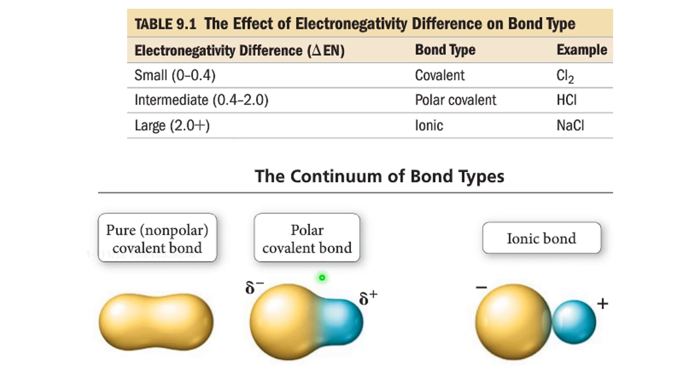So when you have a polar bond, you have partial positive charge on one atom and partial negative at another atom. So in addition to covalent bond, you'll have electrostatic attraction between plus and minus.